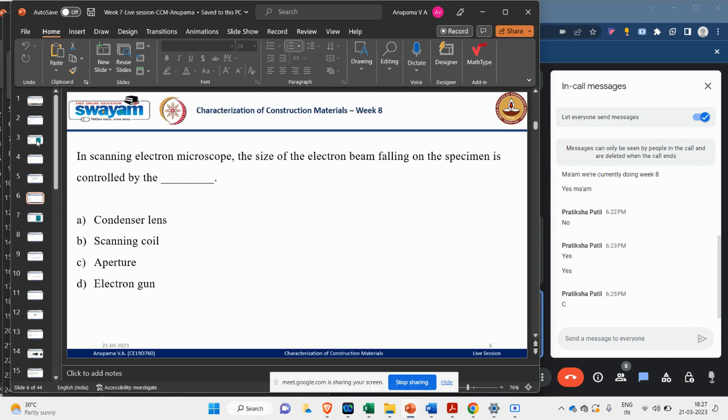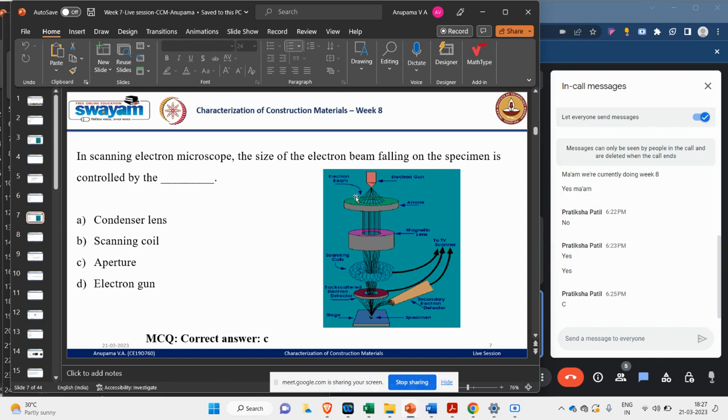Okay, no response. The answer is option C, that is aperture. Whatever the size be, it has to be controlled by the aperture.